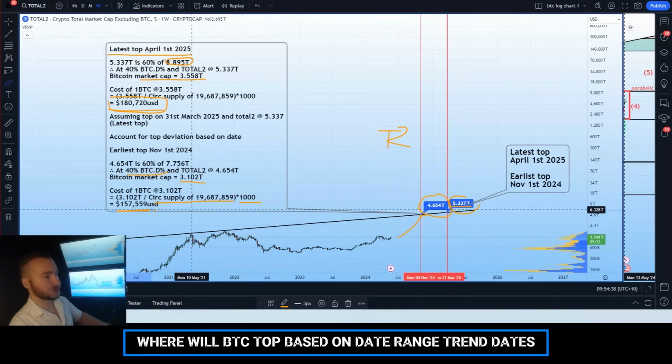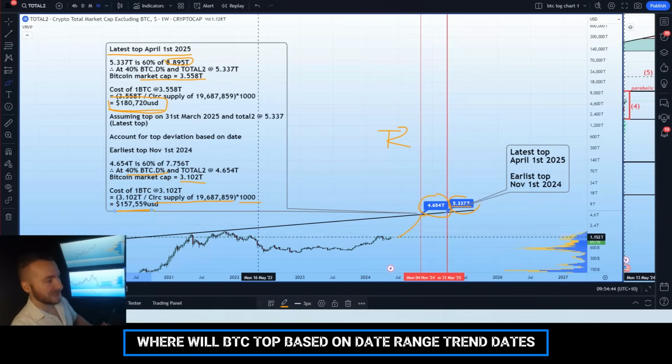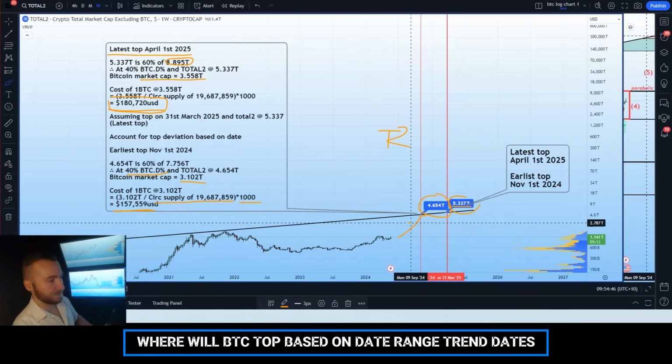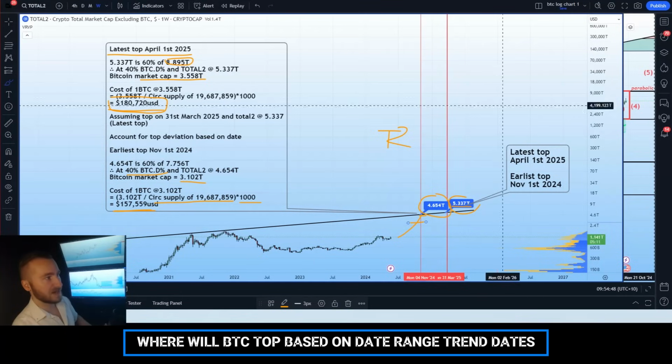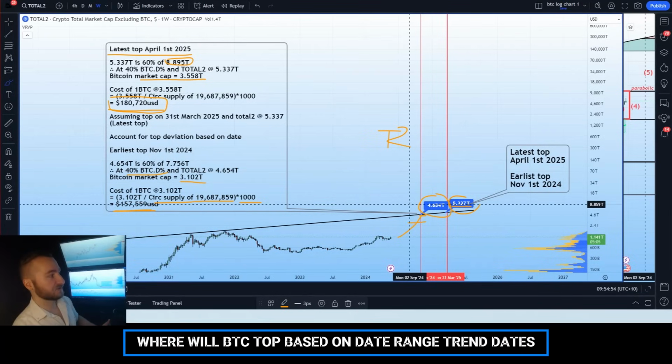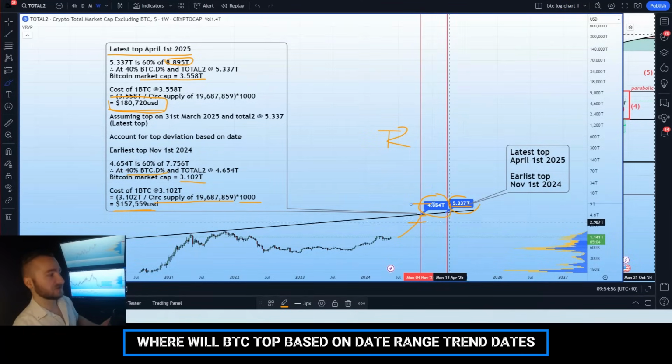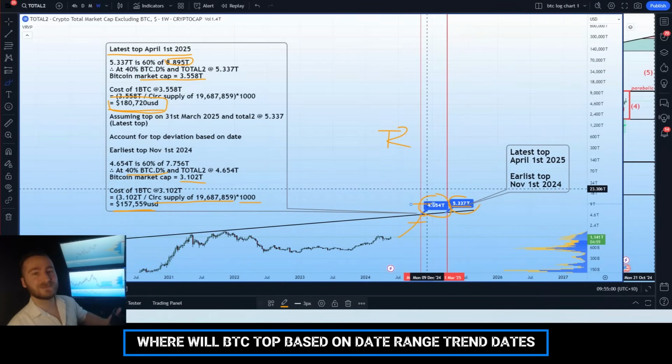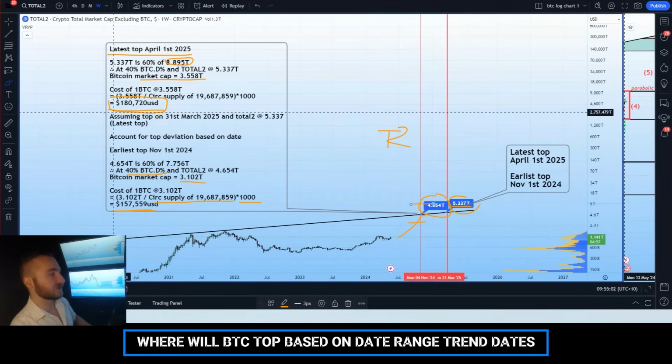Those are the 2 targets based on this mathematical equation. Now, the very cool thing is, depending on where the total reaches, for example, if the total reaches lower, but Bitcoin dominance reaches again the same 40%, or the total reaches higher and Bitcoin dominance reaches 40%, that could impact again the estimations on the price.